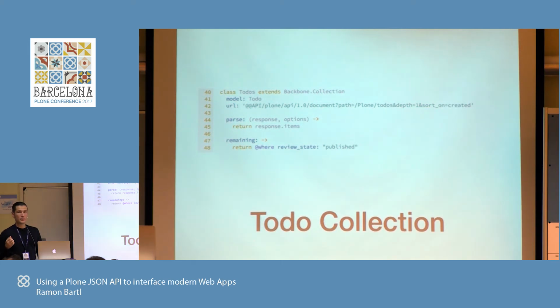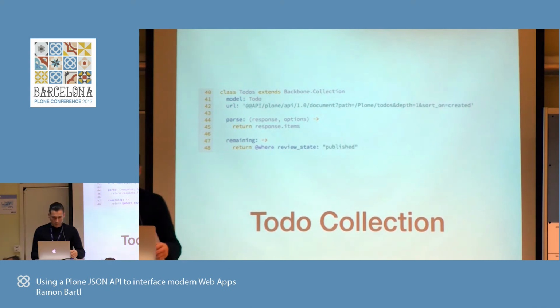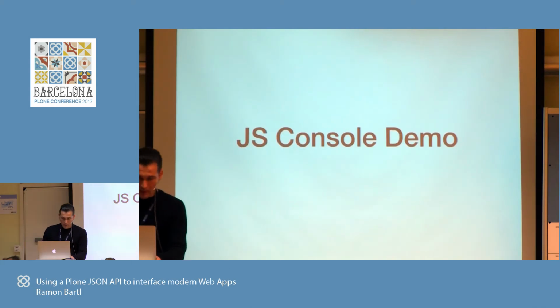Since the items are returned by the API in the items key as a list, I have to do this dance here as well. So I say, hey, the to-do models come from the items list. And I will show you how it looks.